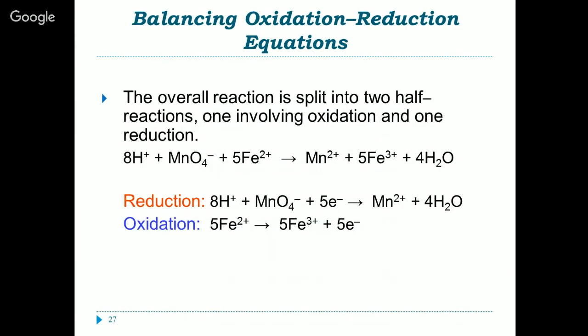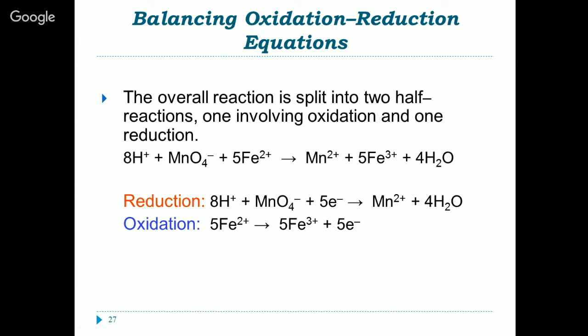So last part of this chapter is going to deal with balancing oxidation-reduction reactions. So we looked at balancing precipitation reactions. We looked at balancing acid-base reactions. So now onto oxidation-reduction. So first of all, and this is a pretty complicated reaction here, but I have to separate things into their respective groups.